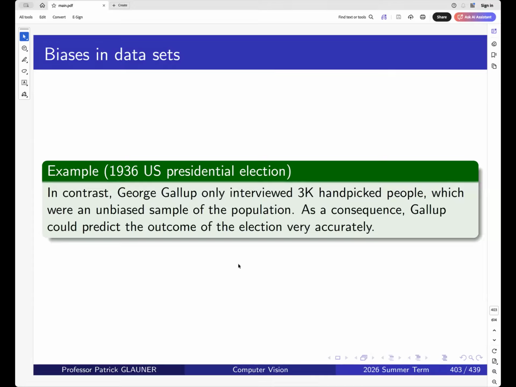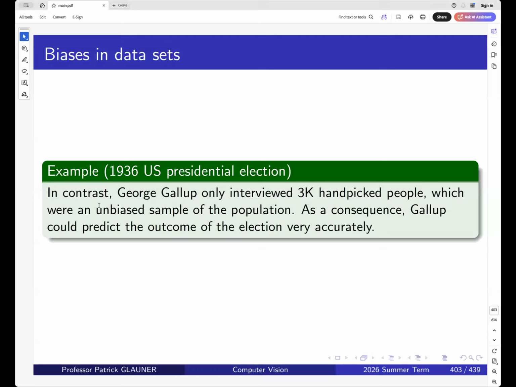Sometimes, when you look at polls and predictions of elections, maybe you heard about so-called Gallup polls. That's a term used widely in election predictions. George Gallup was active in 36 as well, and he only interviewed 3,000 people that he handpicked because he aimed to create a largely unbiased sample of the population.